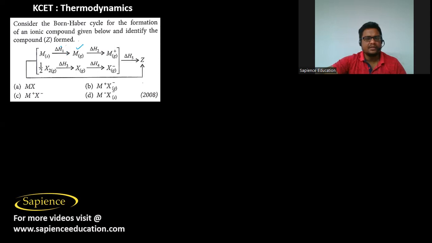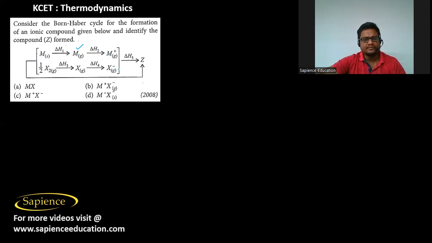Here we have the enthalpy change, and then we have the ionization enthalpy. Then X2 changes to X minus. Now this delta H4 is called the electron gain enthalpy.